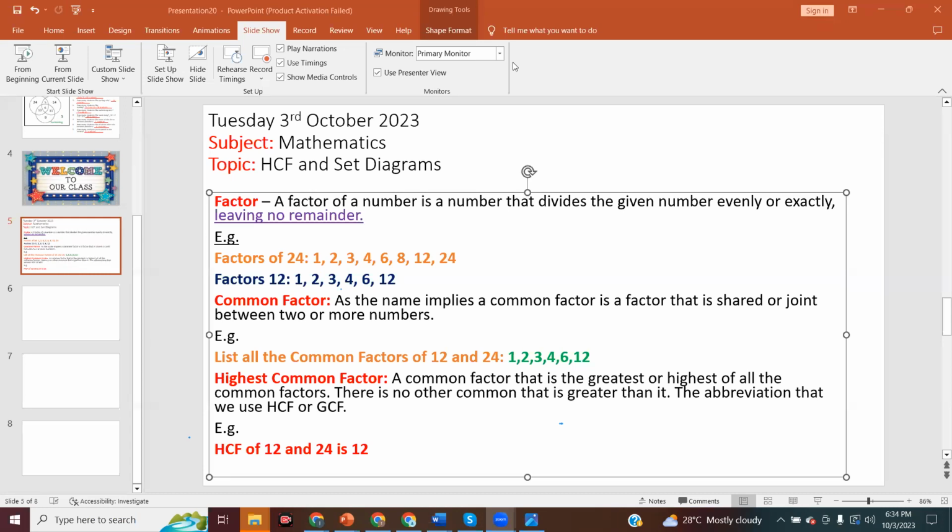Tyrone, what are the common factors of 12 and 24? I can't hear from Tyrone for some reason. Waterfall, what are the common factors of 12 and 24? 1, 2, 3, 4, 6, and 12. Good.